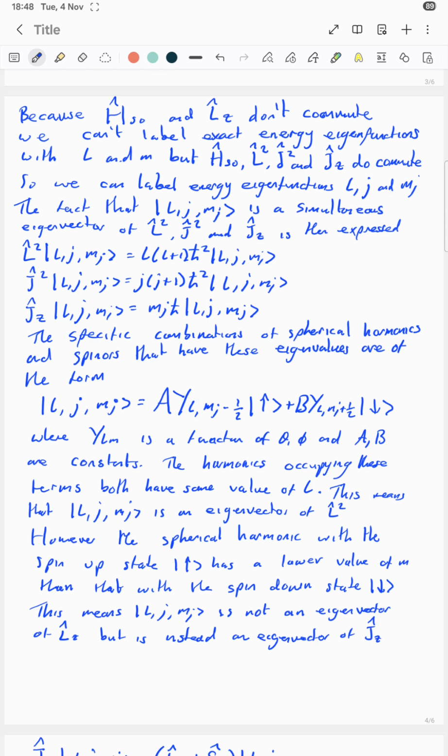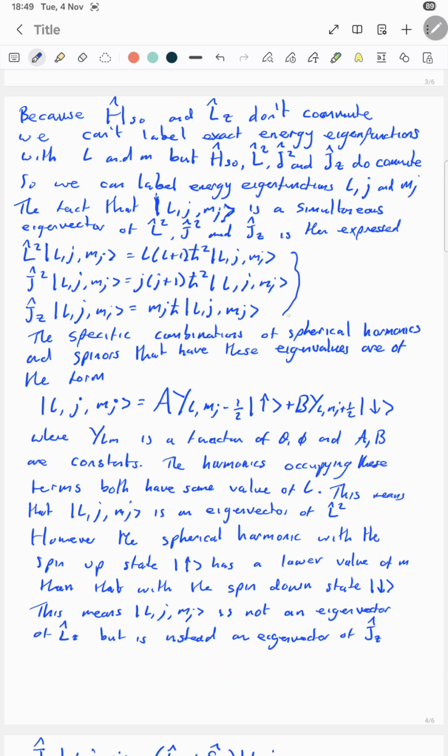This is in angled brackets in Dirac notation. L, J, MJ is a simultaneous eigenvector of L squared, J squared and JZ, and is then expressed as given here.